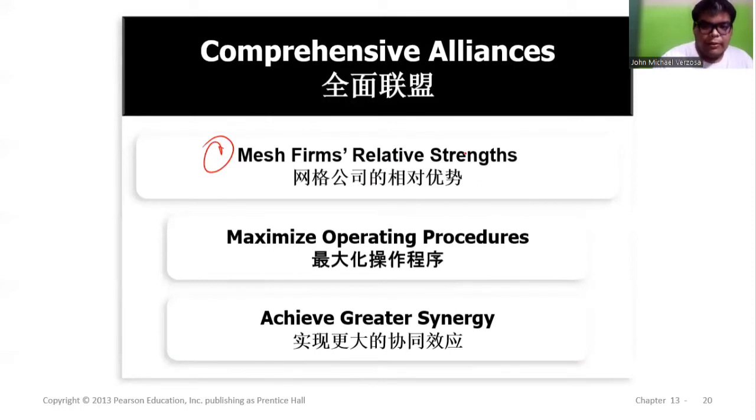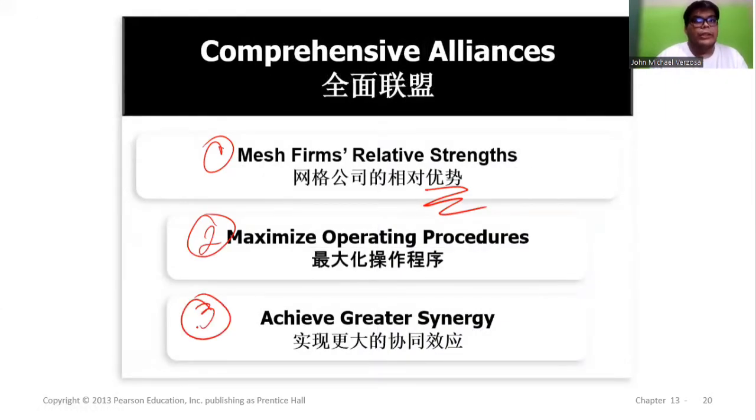Focus on the strengths, 优势, and then maximize the operating procedures, 最大化操作程序. And last is to achieve greater synergy between the companies. This is the purpose of a comprehensive alliance.